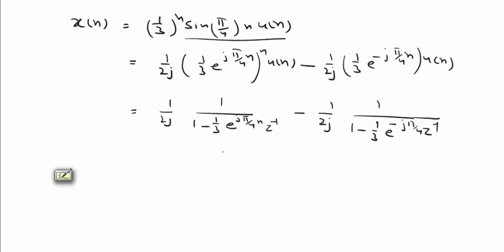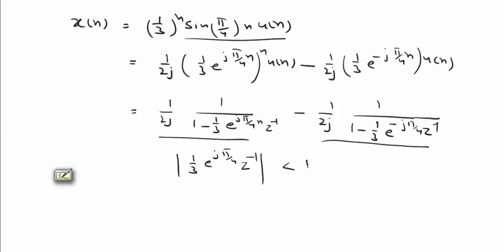These two terms completely specify the Z transform, but the ROC is the remaining term. For the ROC, this term is responsible. Z power minus 1, the mod of this should be less than 1. This is the angle portion of the expression.